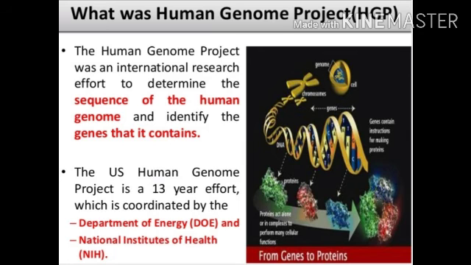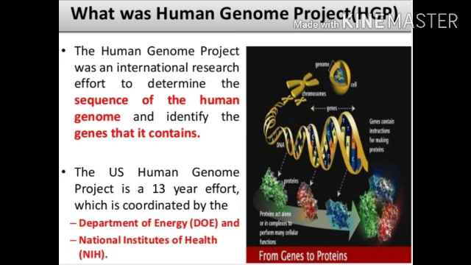Now, what was the Human Genome Project? The Human Genome Project was an international research effort to determine the sequence of the human genome and identify the genes that it contains. The US Human Genome Project is a 13-year effort coordinated by the Department of Energy, that is DOE, and the National Institutes of Health.